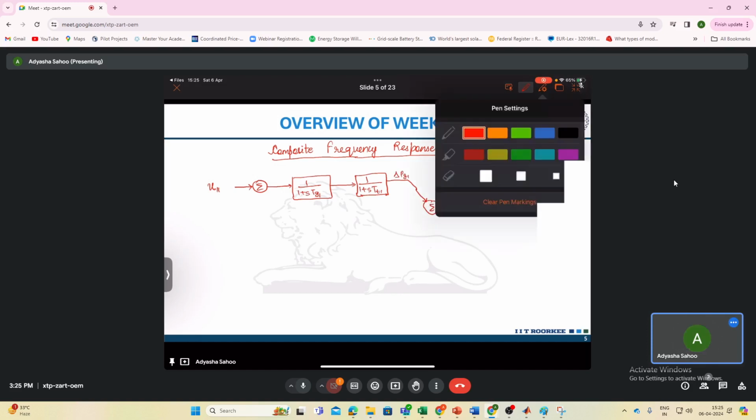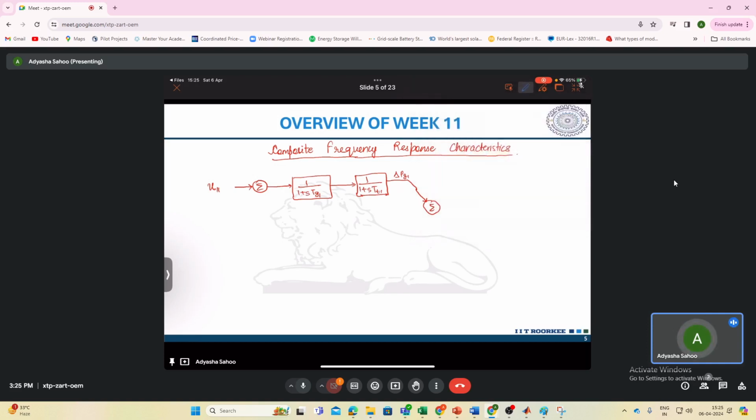Similarly, we'll have second one, then second governor, second turbine, and this output PG2, delta PG2.